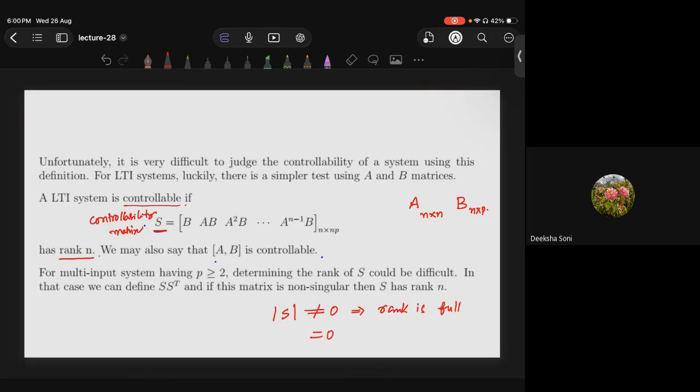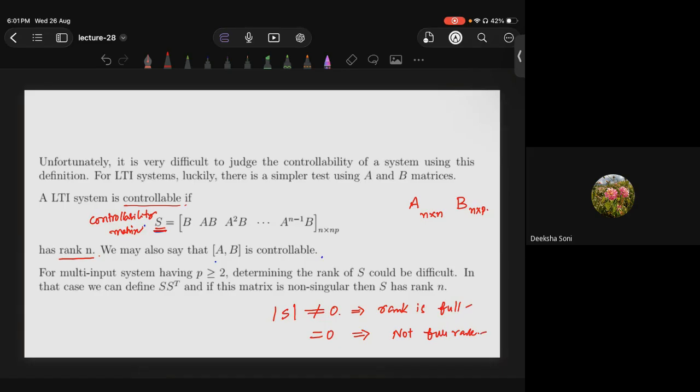If it is equal to 0, then it is not full rank. Is this clear? So we find its determinant; if it is not equal to 0, rank is full. If it is equal to 0, rank is not full.